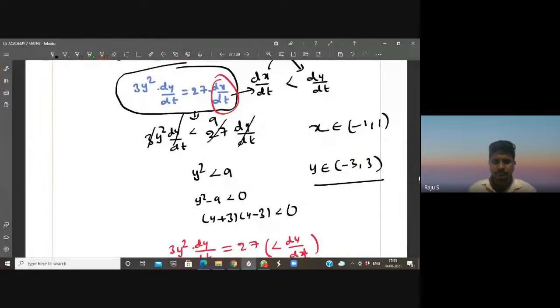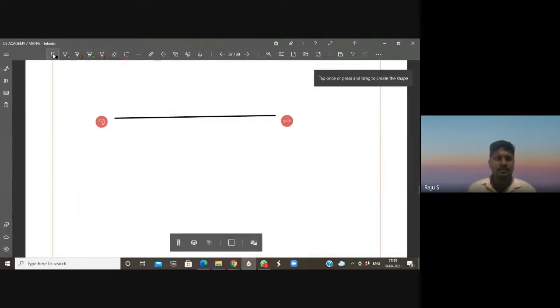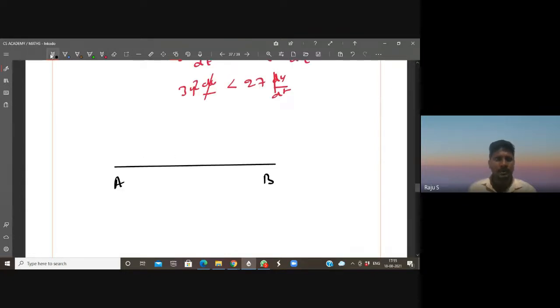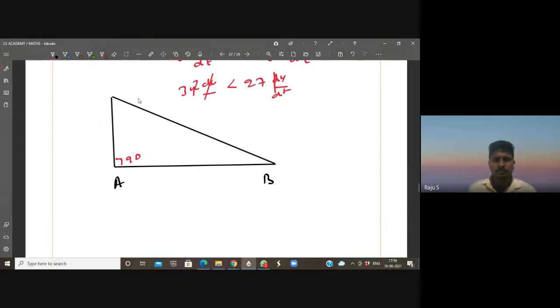See, students, there is a line segment AB. There is a line perpendicular to AB at A passing through O, meaning the angle between them is 90 degrees.